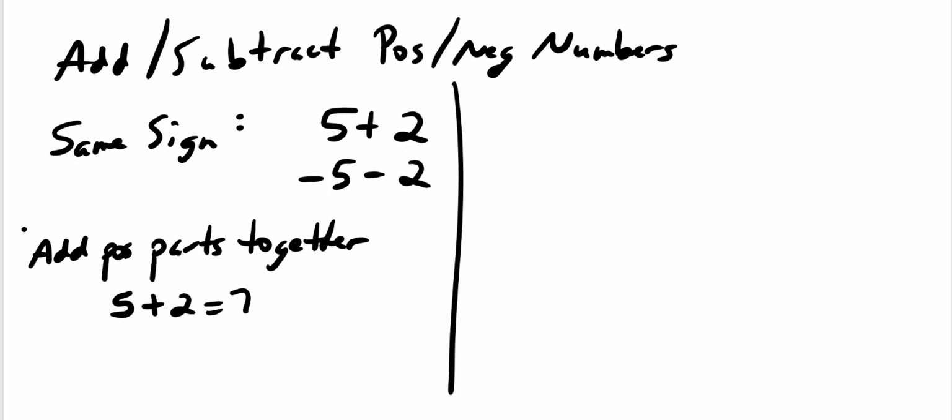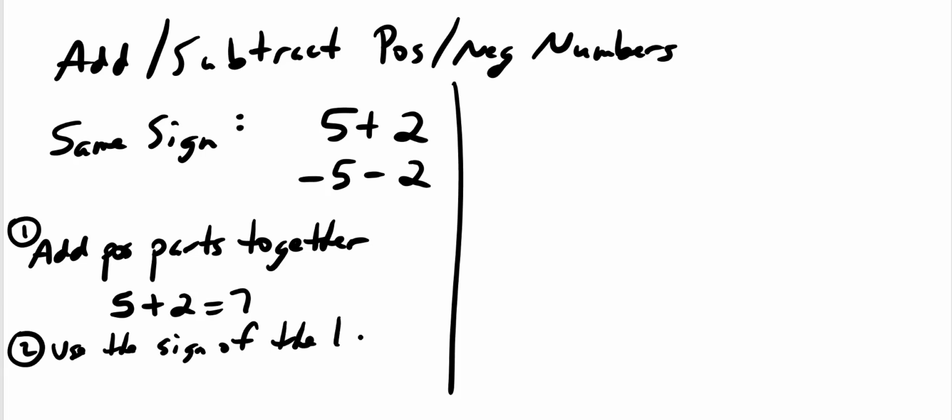Then the second part: you use the sign of the larger number. Whatever the larger number is, that's the sign of your final answer. So for this one, 5 plus 2 is 7. What's the sign of the bigger number? The bigger number is 5, it's positive, so my answer is 7.